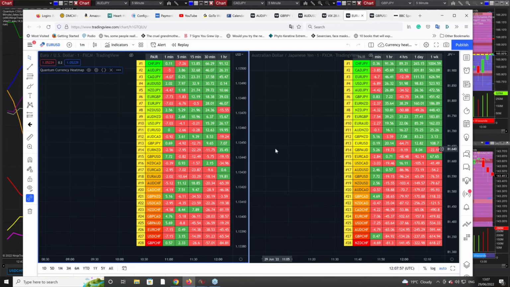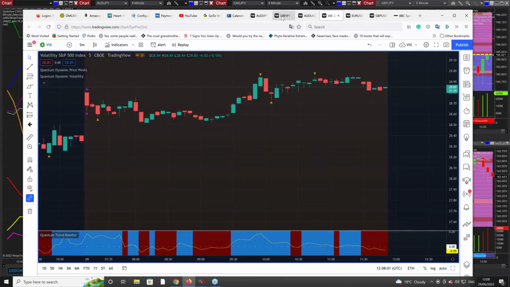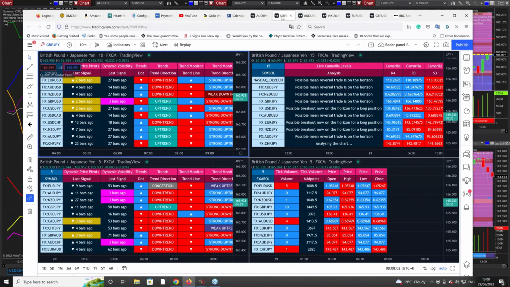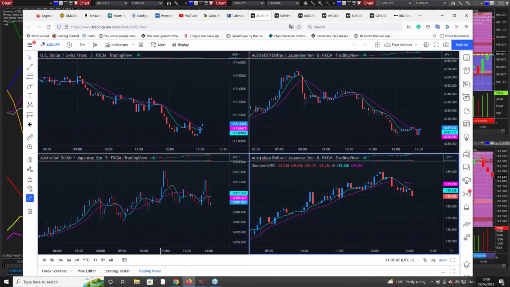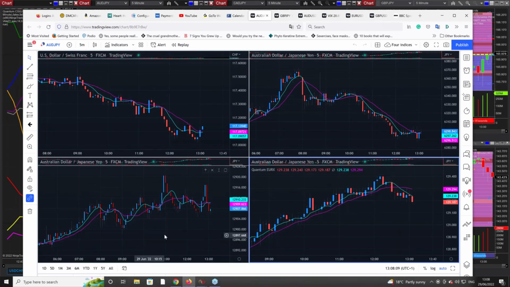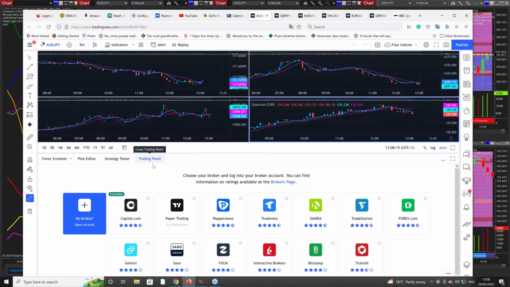One other thing very quickly, I just want to show you something else which is quite interesting. Where are we? Oh, here we are, trading panel. There we go, sorry, I had it there already. If you click on the trading panel, it will actually show you the brokers that are now available through Tradingview.